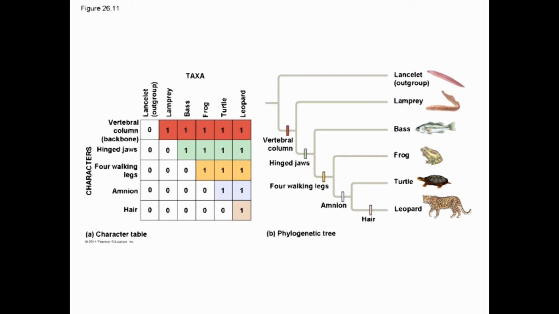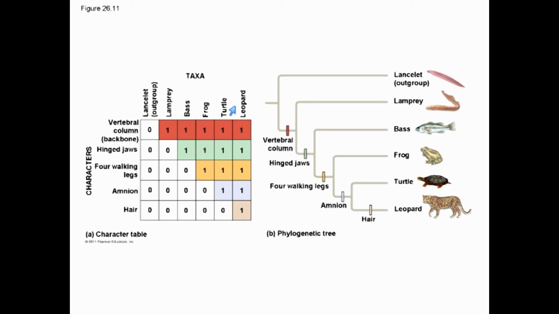We've got a characteristics table here in A, looking at different taxa. The character table includes a vertebral column, hinged jaws, four walking legs, presence of an amnion, and presence of hair. We look at several different taxa going from the lancelet to the lamprey, to the bass, to the frog, to the turtle, to the leopard.